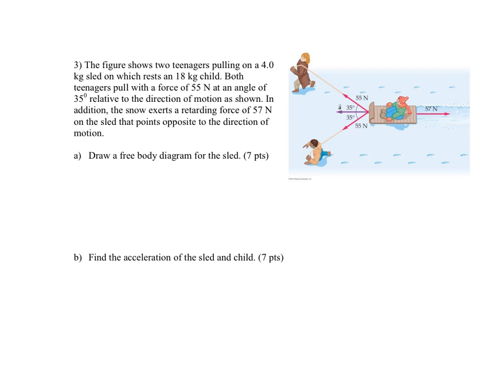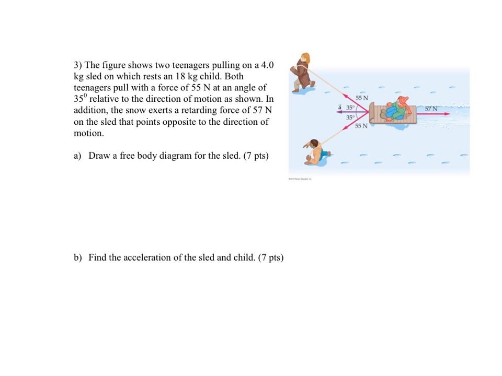Okay, last problem. The figure shows two teenagers pulling on a 4-kilogram sled on which rests an 18-kilogram child. Both teenagers pull with a force of 55 newtons at an angle of 35 degrees relative to the direction of motion as shown.